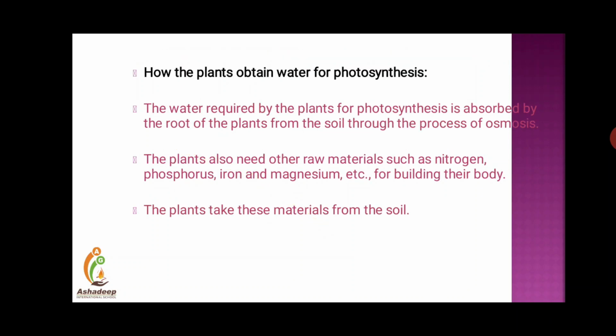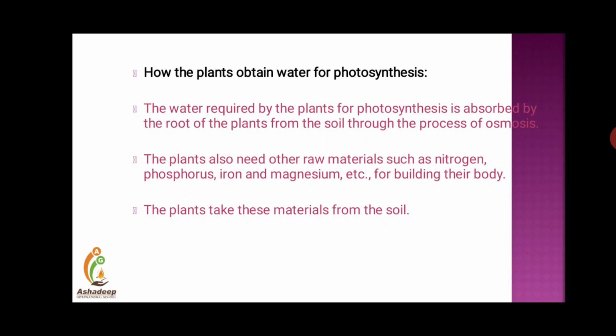How do plants obtain water? The water required by the plants for photosynthesis is absorbed by the roots of the plants from the soil through the process of osmosis.